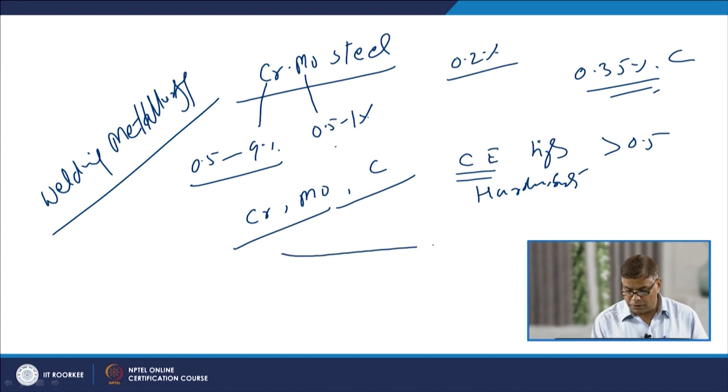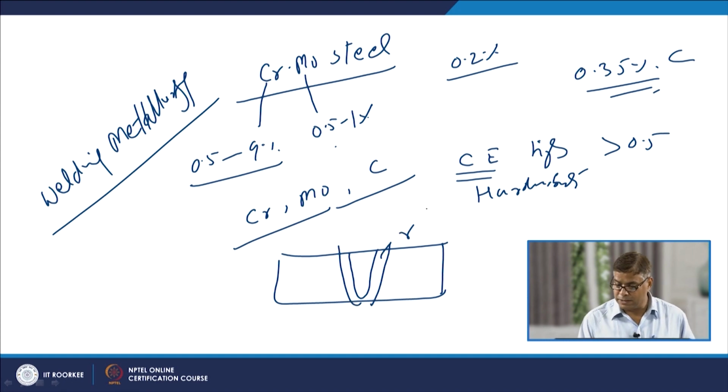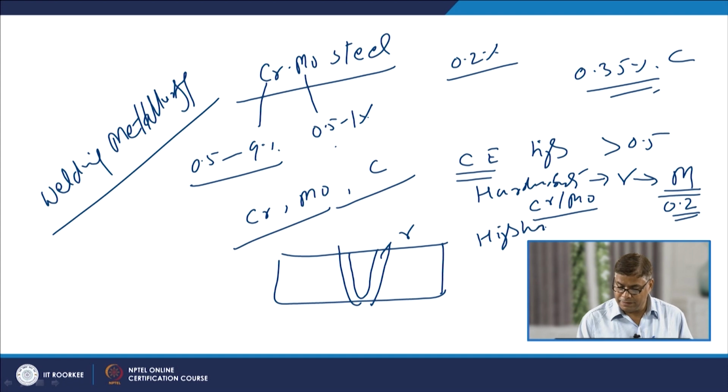High hardenability means that whatever portion of the steel is heated during welding and gets austenitized, this austenite will tend to form martensite. If the carbon content is high, like 0.2, and with the higher chromium and molybdenum concentration, it leads to the formation of high hardness martensite.